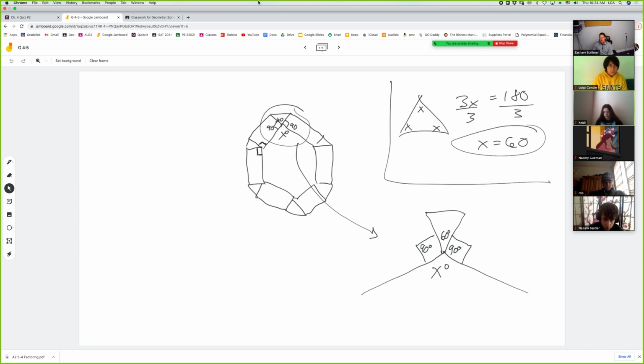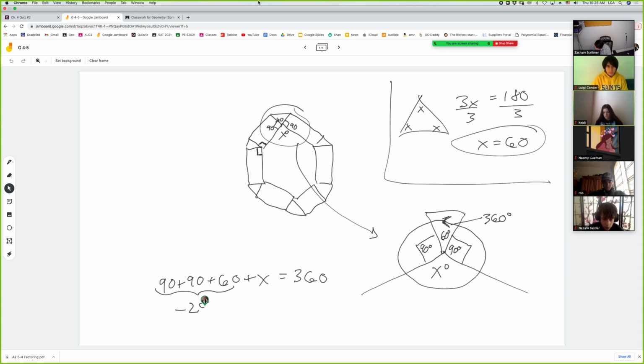Okay? And if you basically call this a circle, which is 360 degrees, you can say 90 plus 90 plus 60 plus x equals 360. So we subtract 180 plus 60, minus 240, minus 240, and you get x equals 120 degrees.